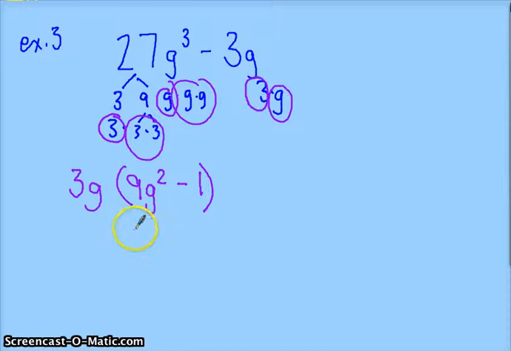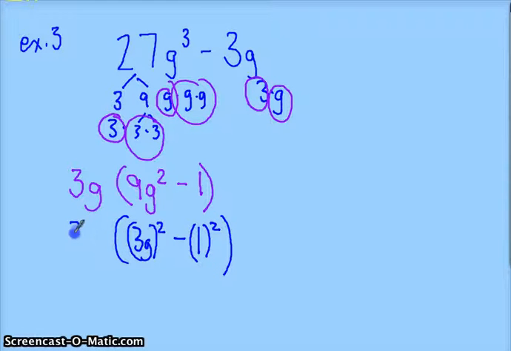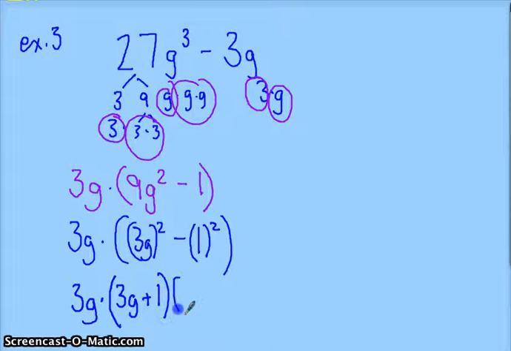So we can look at it like this: 3 squared is 9. g squared is g squared. And again, 1 squared is 1. Be careful. This 3g outside stays outside. Stays out there. And what we have here is 3g times 3g plus 1 times 3g minus 1.